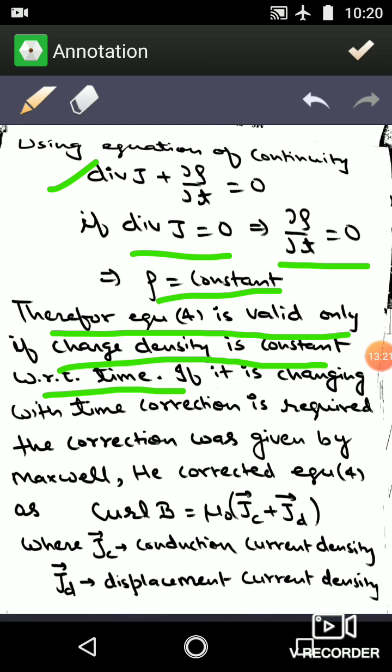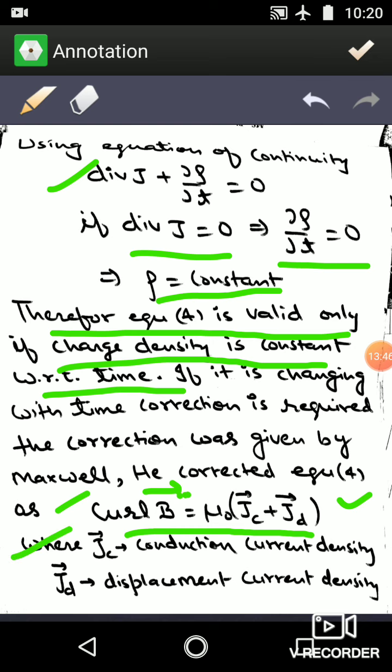And the correction was given by Maxwell. He wrote equation 4 in this manner. He wrote curl of B is equivalent to mu naught JC plus JD. Here I should have used vector sign. Curl of B is equivalent to mu naught JC plus JD.